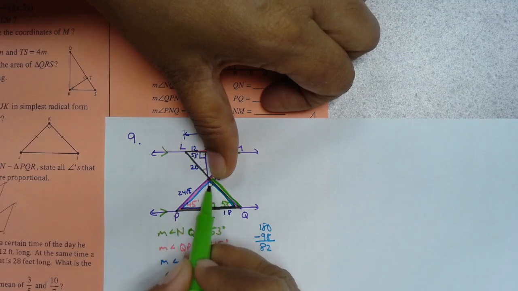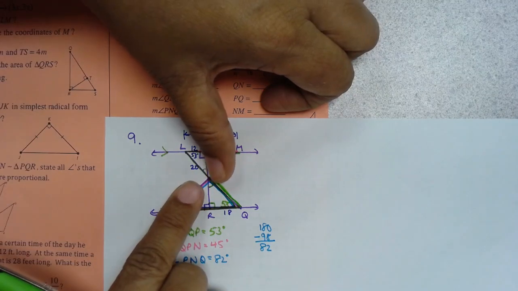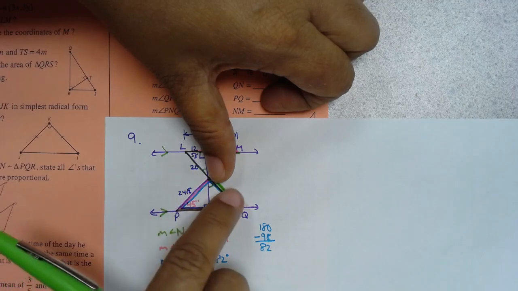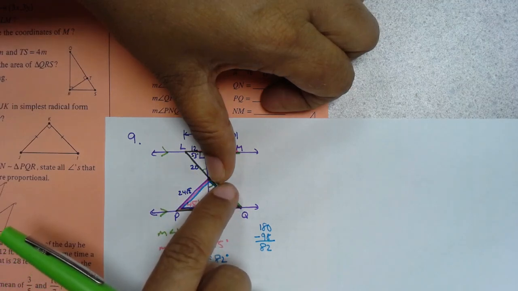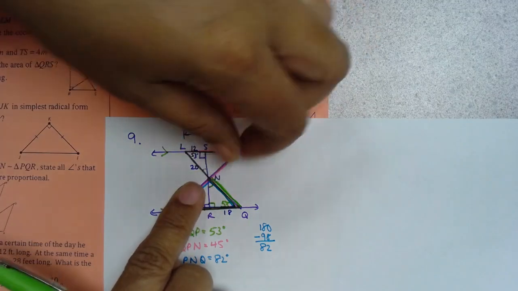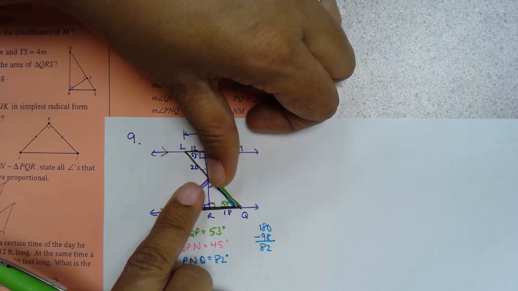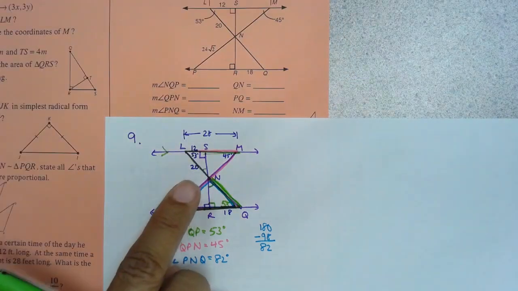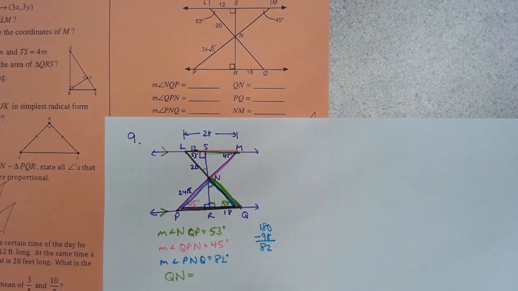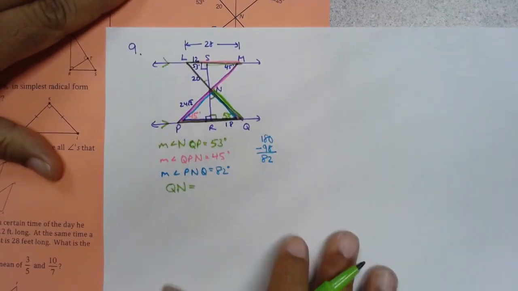So I can use similar triangles and set up a proportion, since I know 20 will coincide with the hypotenuse here, which is x, and I can use 12 with 18. So you have a choice: you can use trig or you can use similar triangles. I'm going to use similar triangles here just because later on we are going to use some trig.